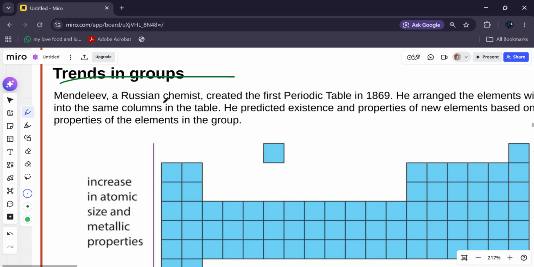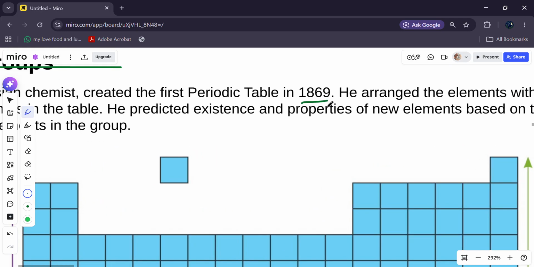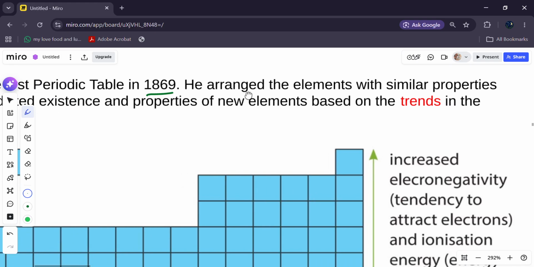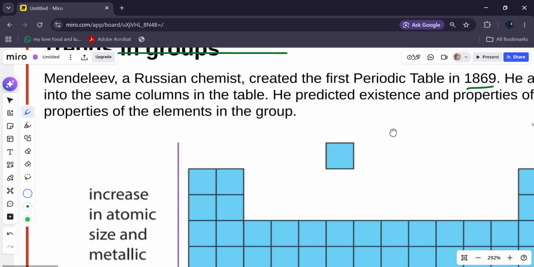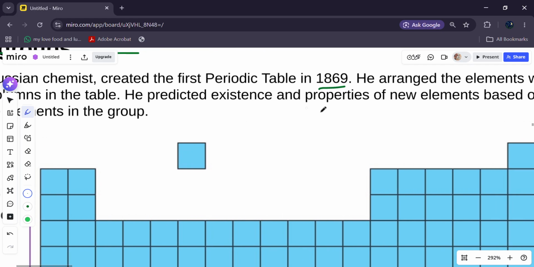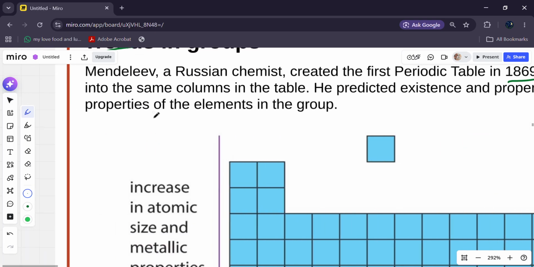Mendeleev, a Russian chemist, created the first periodic table in 1869. He arranged the elements with similar properties into the same columns in the table. He predicted the existence and properties of new elements based on the trends in the properties of the elements in the group.